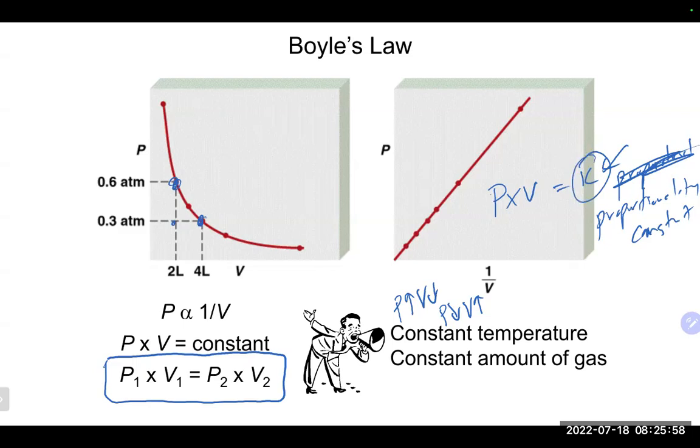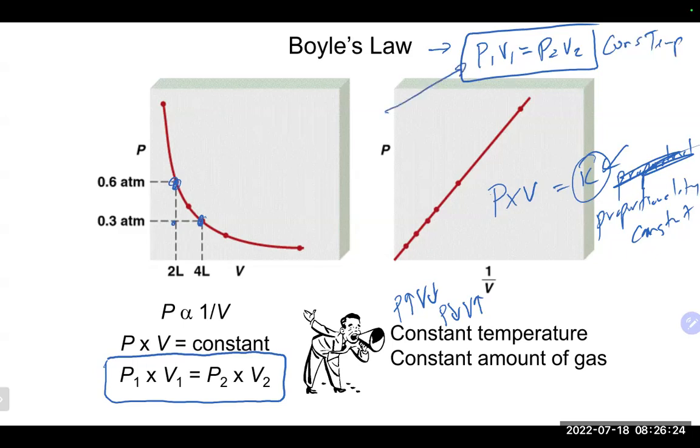In a Boyle's law experiment, you could keep taking pressure-volume measurements, and as you multiply them, they always equal the same number for the same gas. Because of that, we can set them equal to each other and get Boyle's law: P1 V1 is equal to P2 V2. Again, this is at constant temperature.